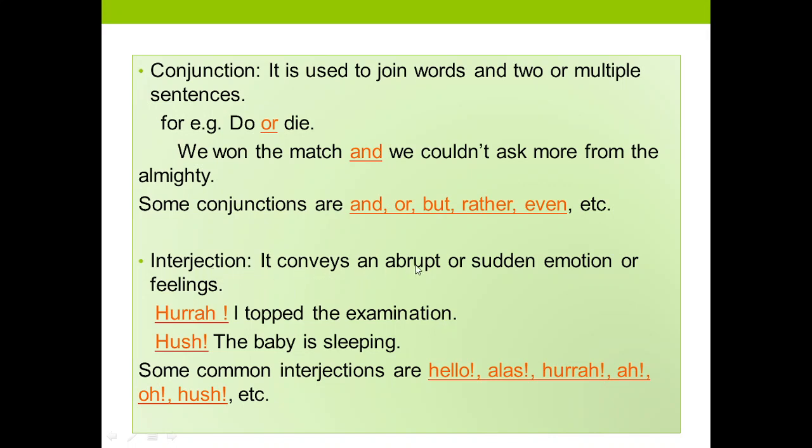It conveys an abrupt or sudden emotion or feeling. Although in writing it is very difficult to show emotions, we can show emotions by the use of words. Some words are used to show the state of being happy, sad, surprised.